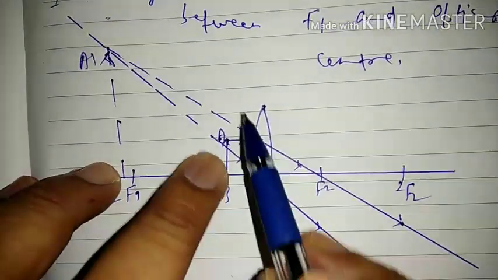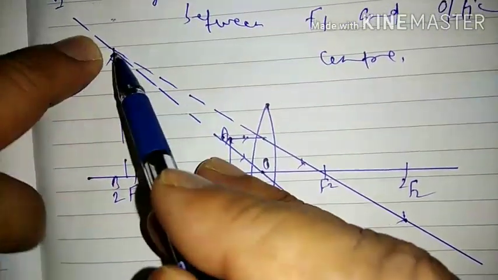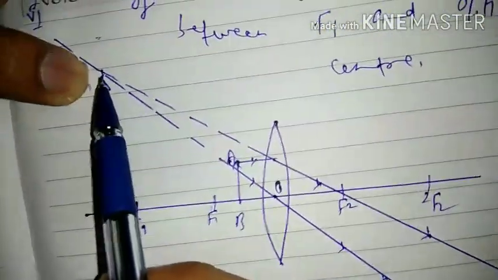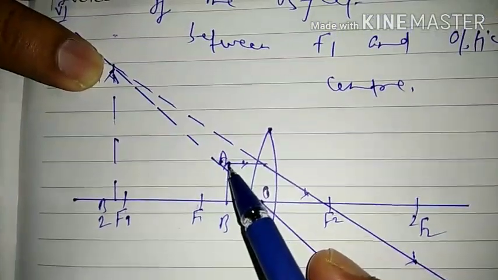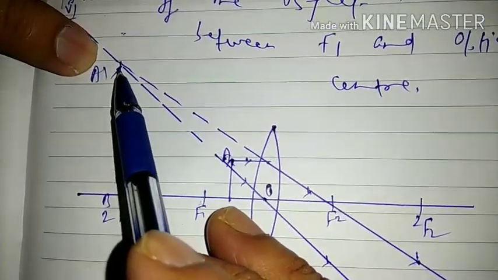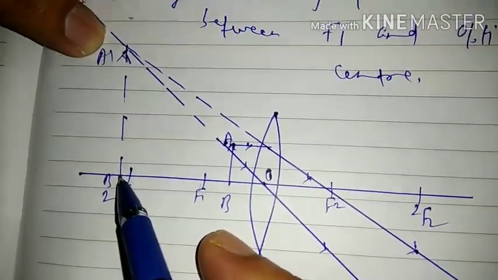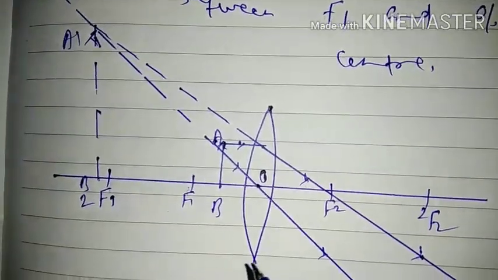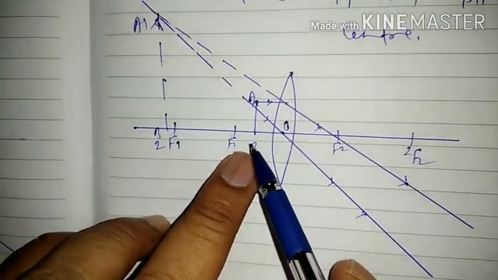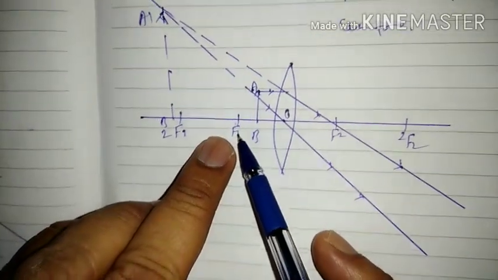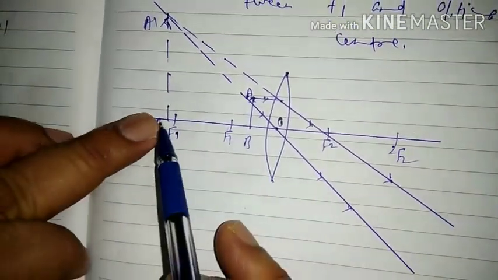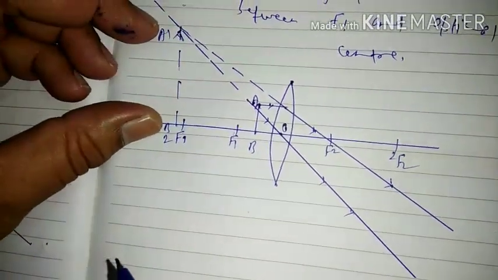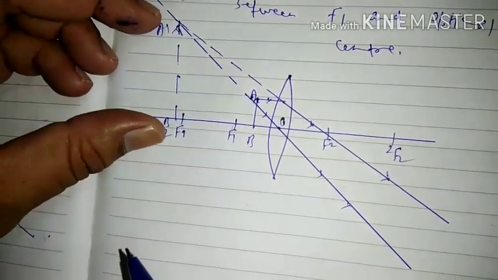If these two rays are proceeded back, they appear to meet at this point. So in this case, a virtual and erect image of the object forms. We see that the object is taken between focus f1 and the optical center, and the image is formed beyond f1. This image is virtual, erect and magnified.